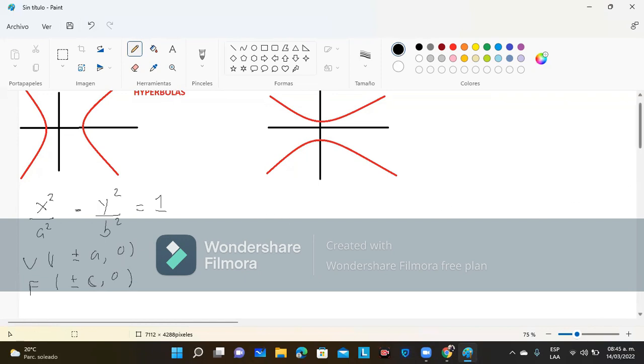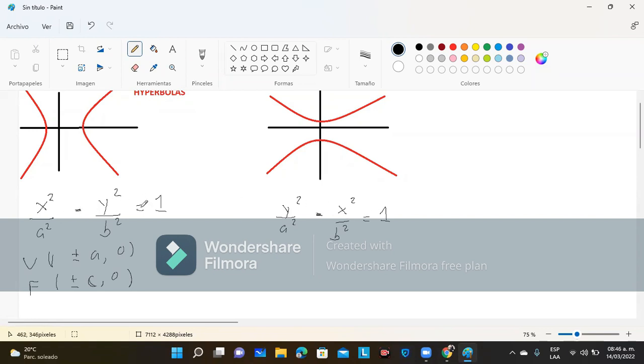For the one with the vertical axis, we start with y squared over a squared minus x squared over b squared equals 1. Note that this is a similar equation to the ellipse, but this equation has a negative sign.